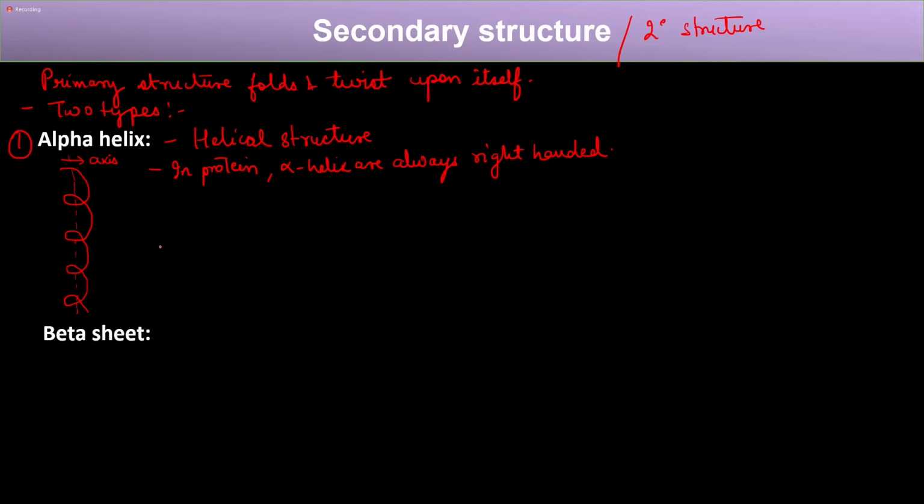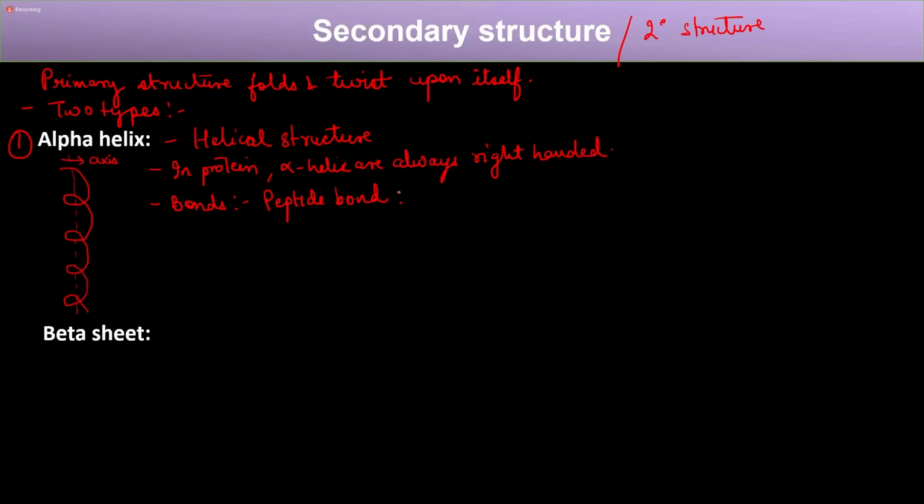Now, what are the bonds present in the alpha helix? We have seen that the primary structure is being folded, so the bond present in the primary structure will also be present here. The first bond present in the alpha helix is the peptide bond, because the peptide bond is present in the primary structure.